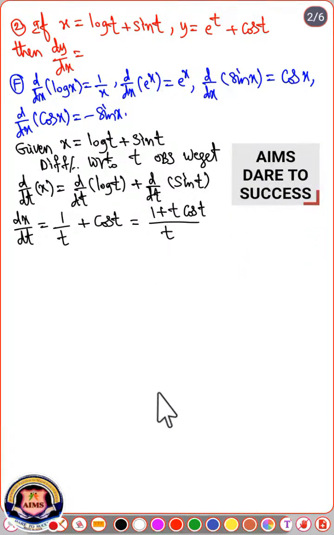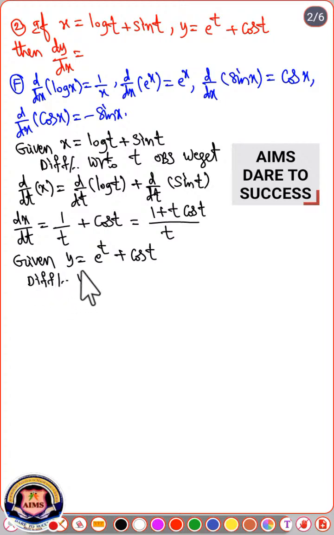So leave it, and we can write another given value, that is y is equal to e power t plus cos t. Okay, again differentiating with respect to t on both sides we get.